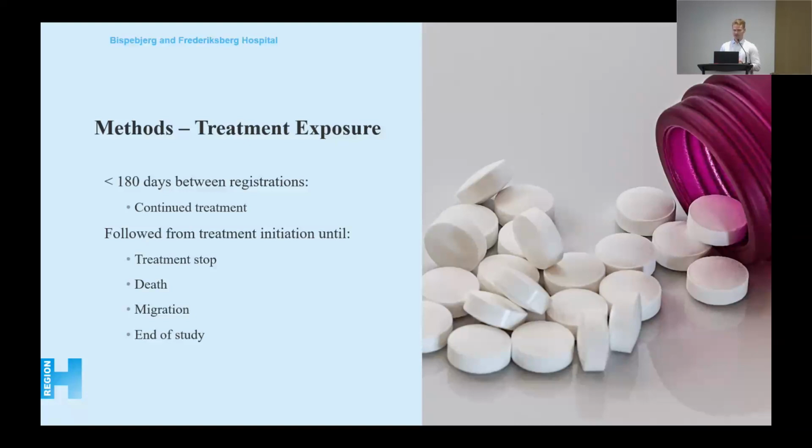Of course, they had an ICD-10 code or procedure code related to baricitinib, or they had a registration in the prescription registries. And if 2 different registrations were present with a maximum of 180 days between them, we classified it as continued treatment. We followed these patients until treatment stop, death, migration, or end of study.